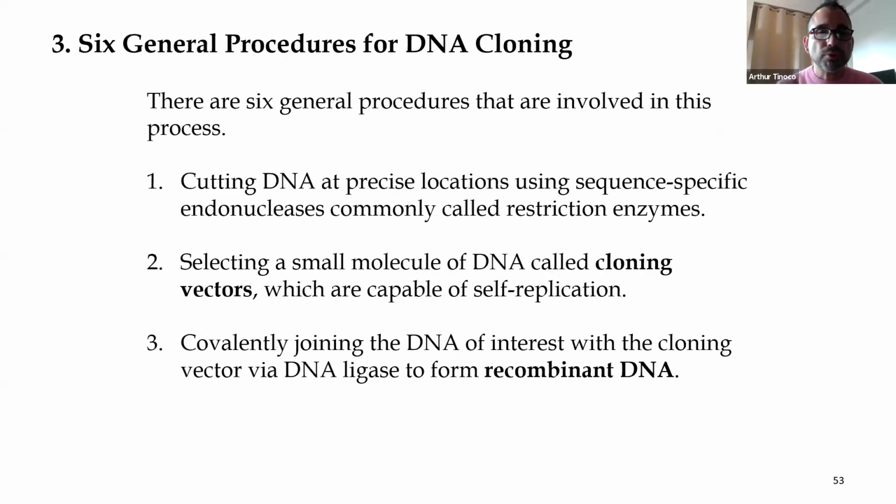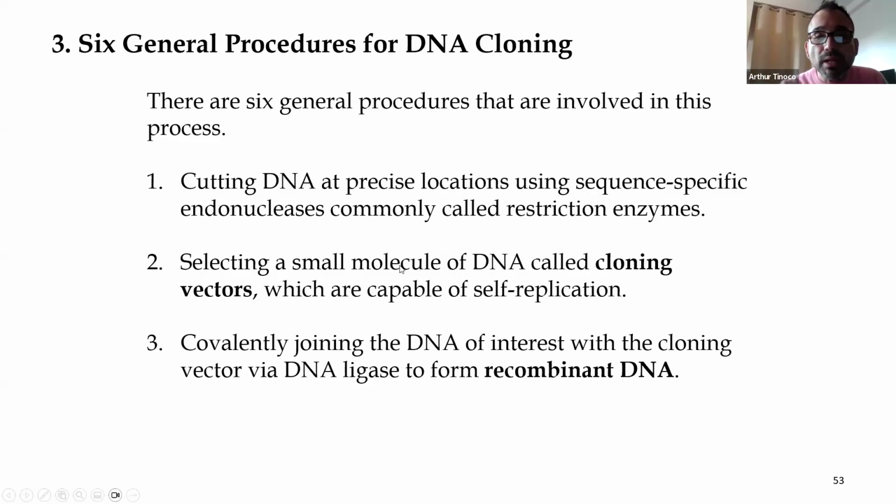All right, so 6 general protocols for DNA cloning. They involve the following: cutting DNA at precise locations using sequence-specific endonucleases, which we will commonly refer to as restriction enzymes. So you know your DNA, and you want to use the restriction enzymes that are specific to where you want to have a cut.